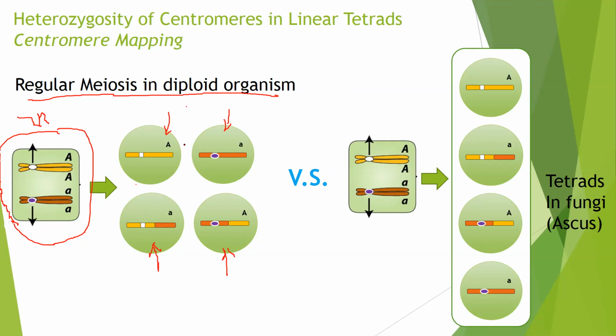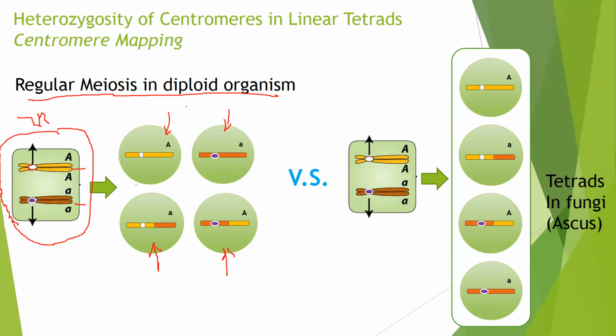But those gametes are mixed together, so they are not arranged in a very nice way. They are moving around, so you cannot distinguish them. Here, let's say we have 2 homologous chromosomes, one is this one, the other is this one, and we use different colors to represent the different centromeres.